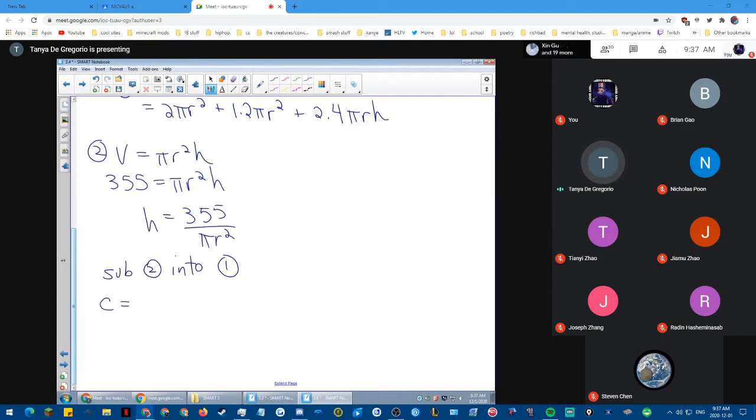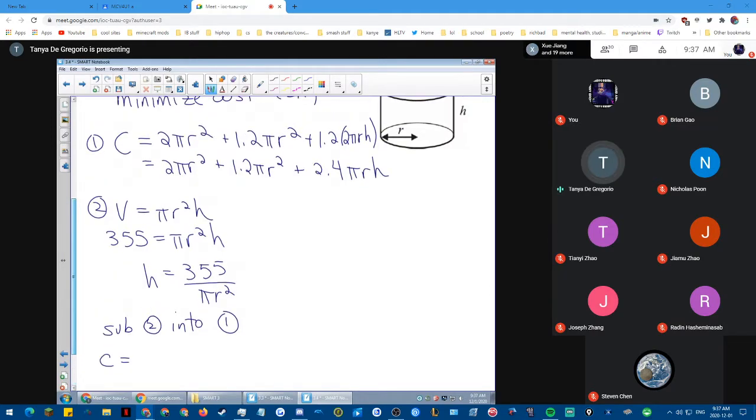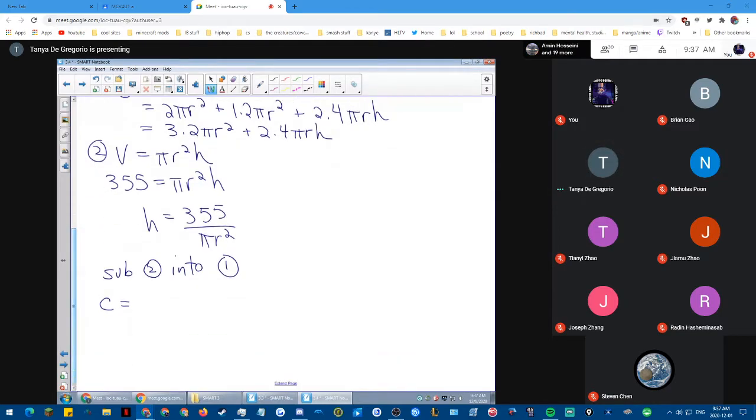So C is equal to... So here, guys, what I want you to notice is I have two like terms, don't I? Bring them together. Simplify this and then take your derivative.